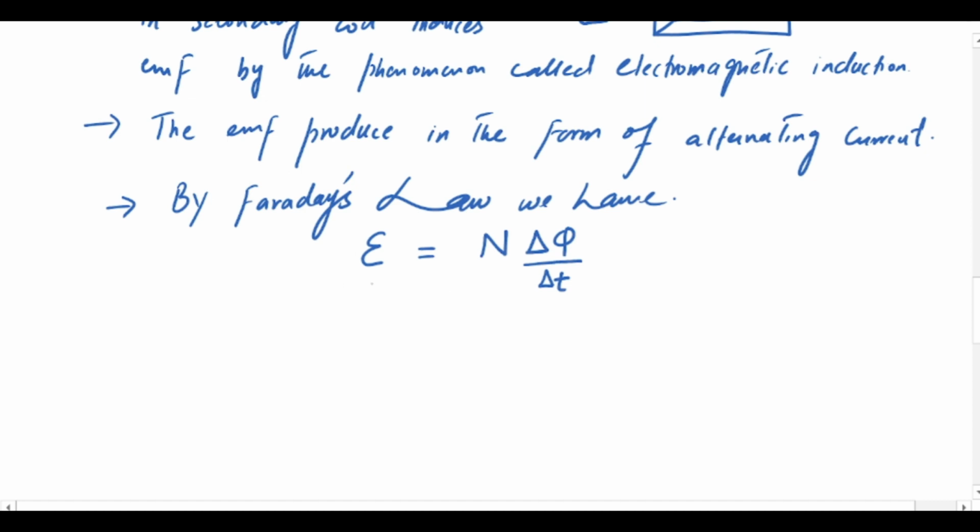Now in case of primary, the EMF induced in primary coil is VP, and the number of turns in the primary coil is NP, whereas delta phi over delta T is the magnetic lines passing through the primary coil.